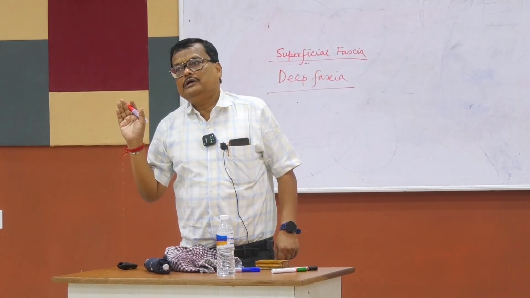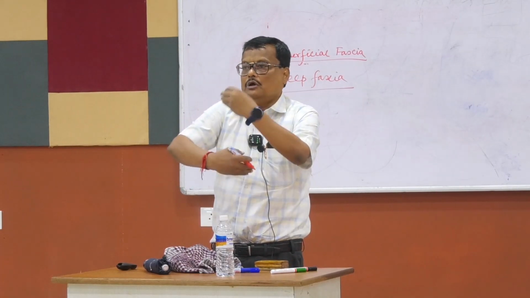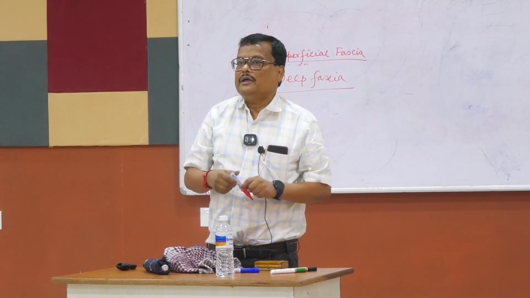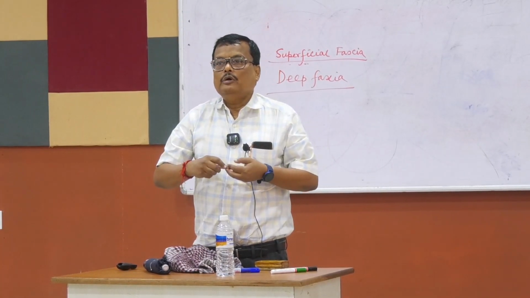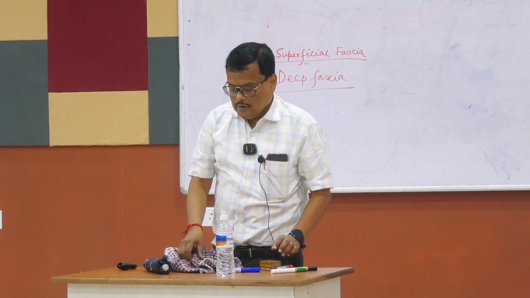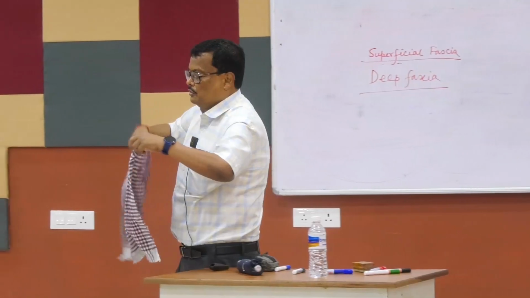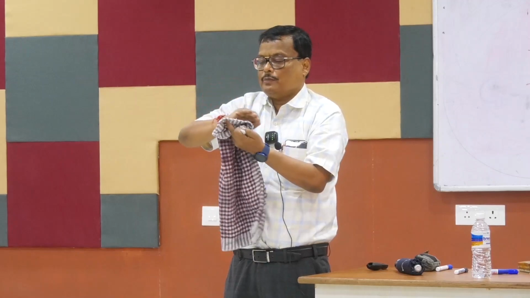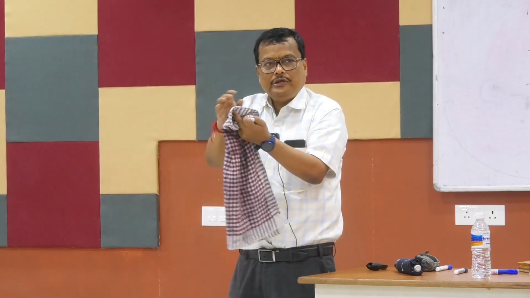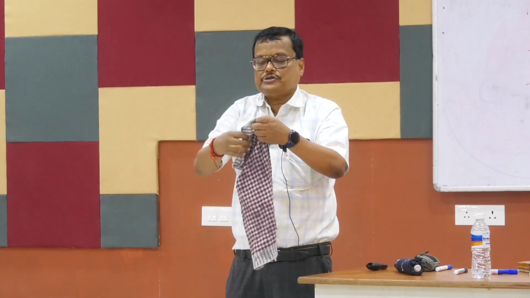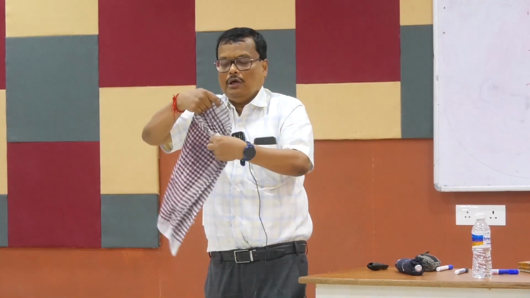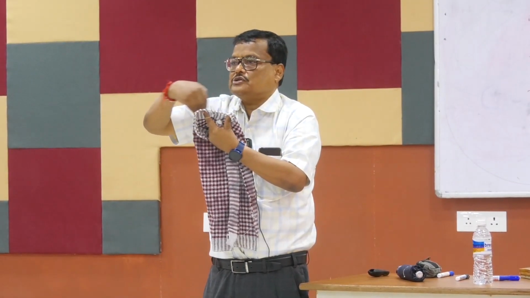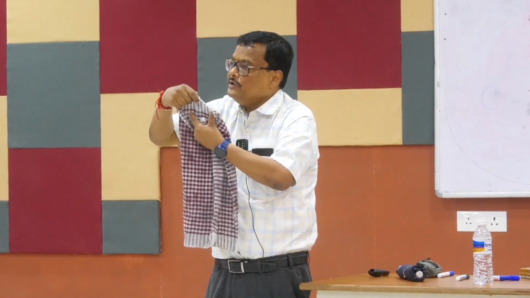Deep fascia not only binds the whole superior extremity in this fashion but also gives some projections. Projection means this is the deep fascia, where the superficial fascia was and has been removed. If we dissect the whole superior extremity, we find this type of membrane binding all the structures underneath. We call it deep fascia.